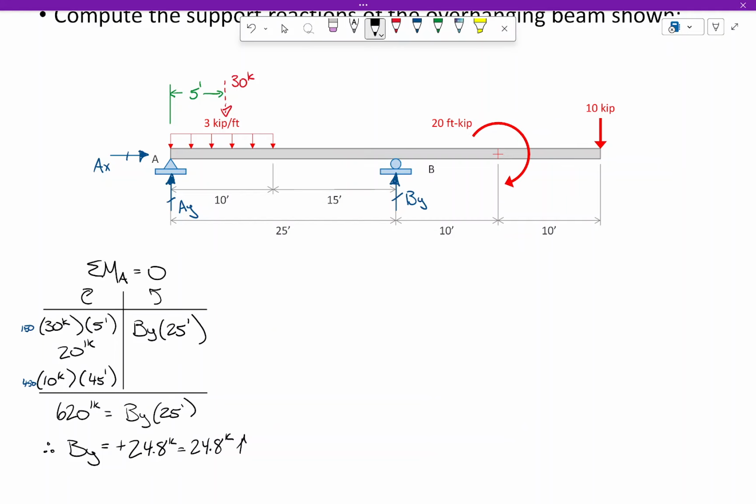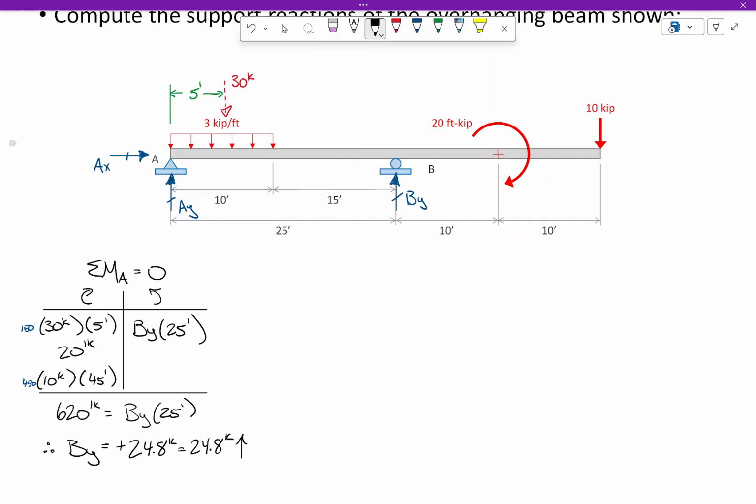I got a positive answer, which means that my assumed direction is correct. Okay. So far, so good? All right.